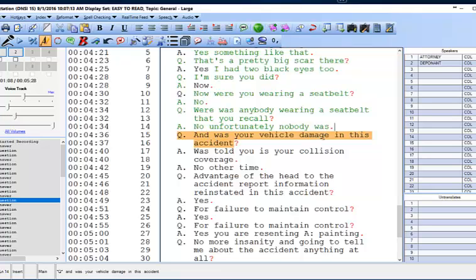Now, was your vehicle damaged in this accident? Echo: It was totaled.